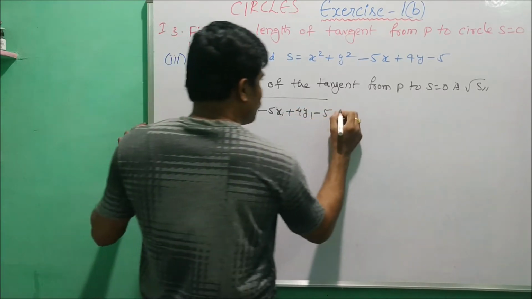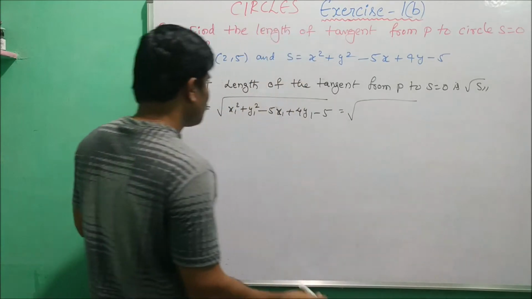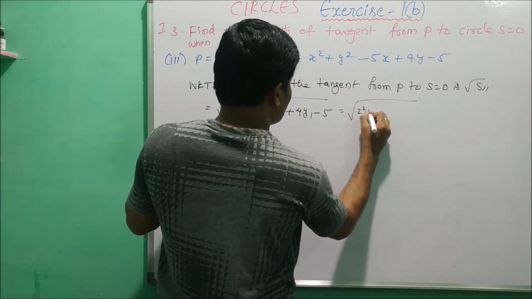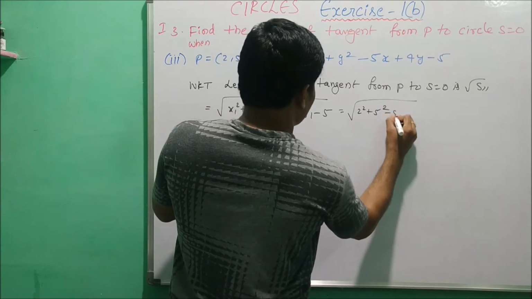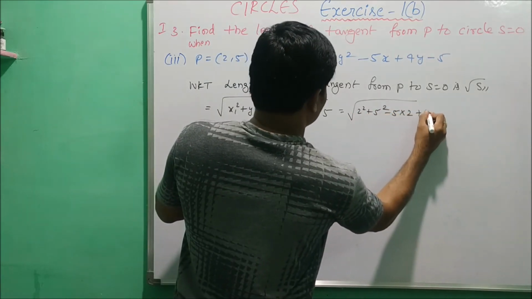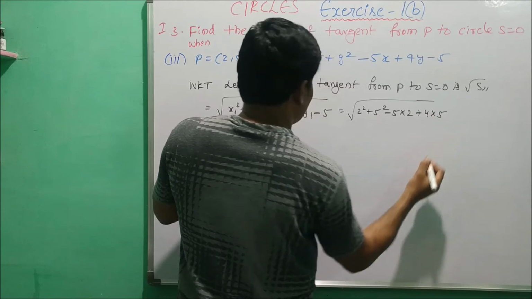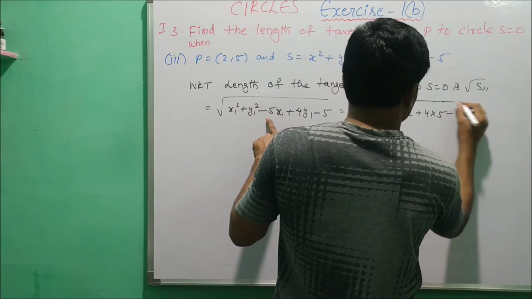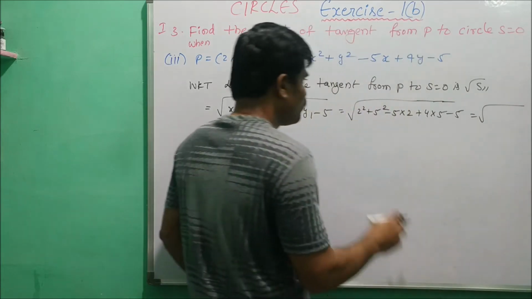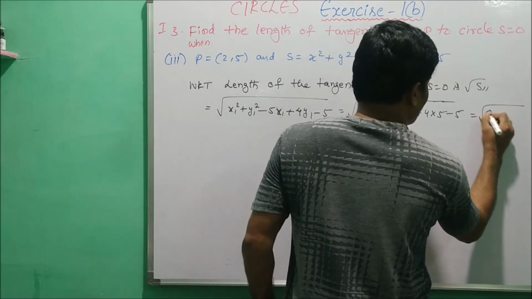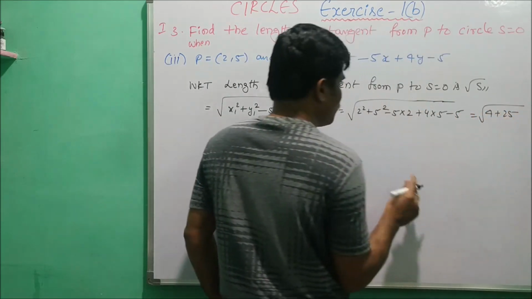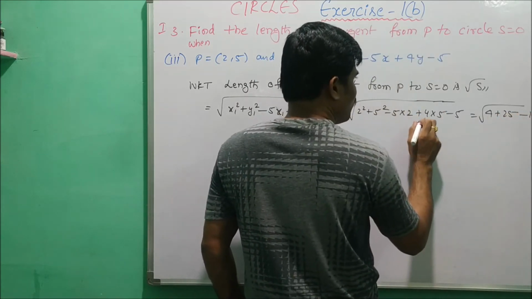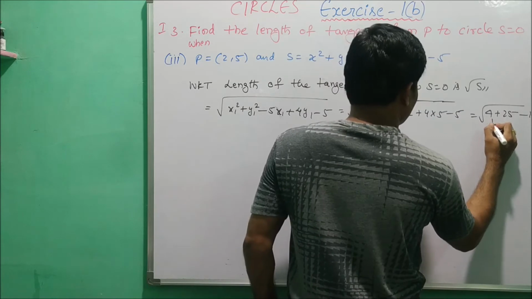Now we substitute 2 and 5: 2 square plus 5 square minus 5 into 2 plus 4 into 5 minus 5. That equals 2 square is 4, plus 25, 5 square, minus 10, 5 twos are 10, plus 20, 4 fives are 20, minus 5.